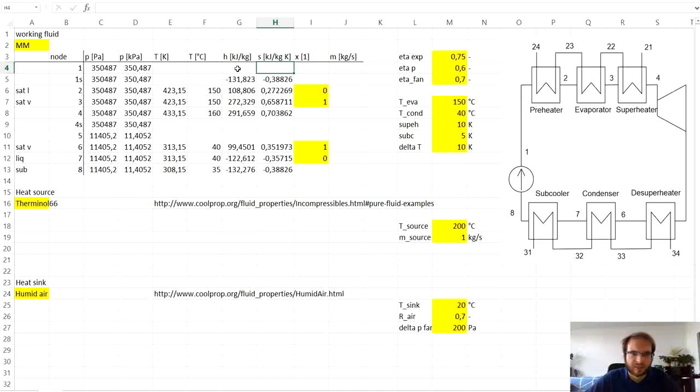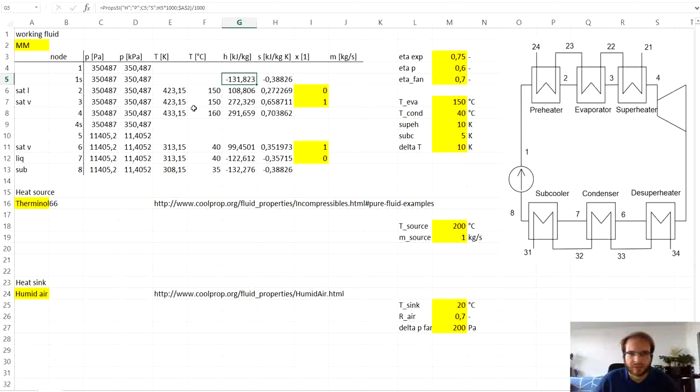So the value can go both to positive values and to negative values, and it's just a matter of the author of the fluid properties functions where they decide to put this reference value. So anyway, now we have done the isentropic change in the ideal pump.